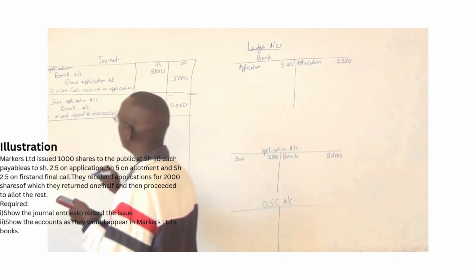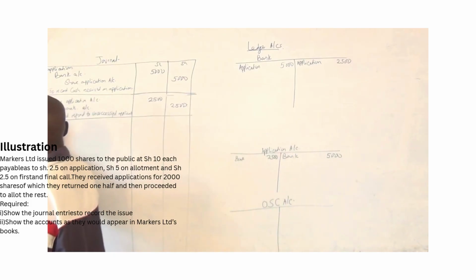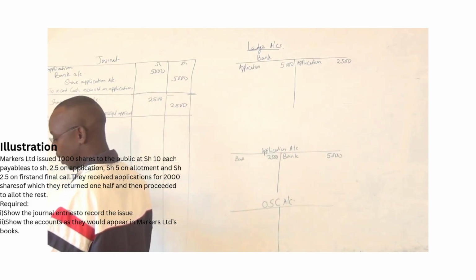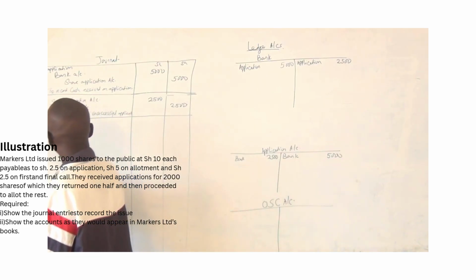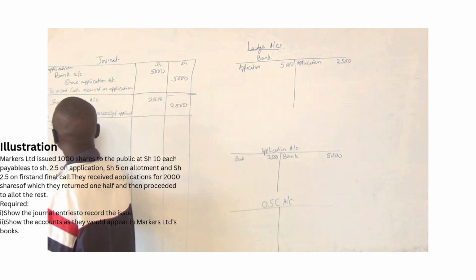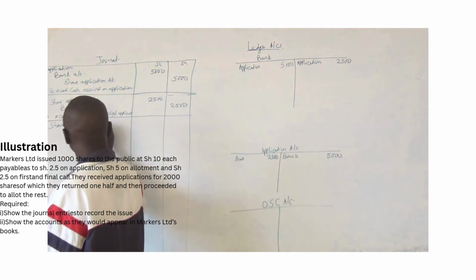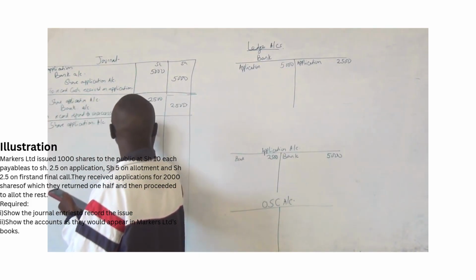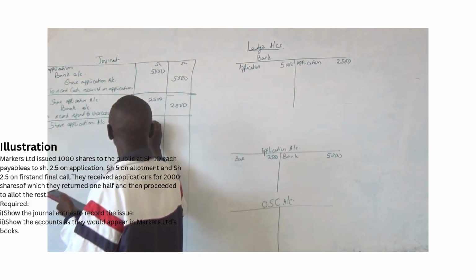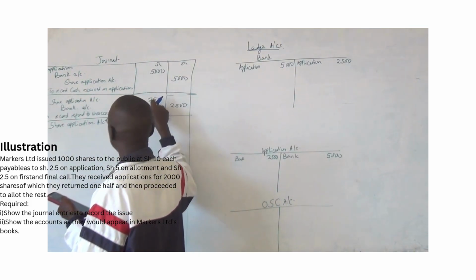So, to transfer that to the ordinary share capital account, you do the entry. You will debit share application account with the remaining. This was refunded.